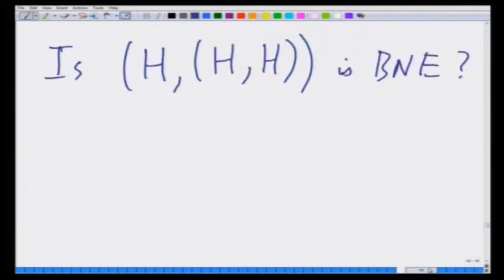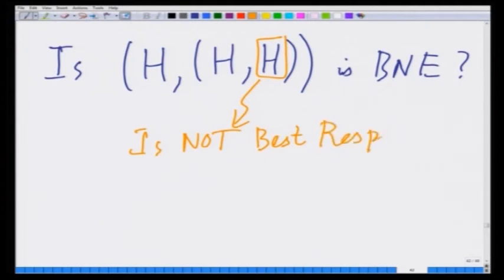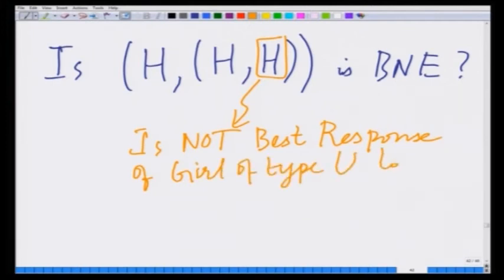So, if you go back here, we can see that this H is not the best response of the girl of type U to H of the boy.